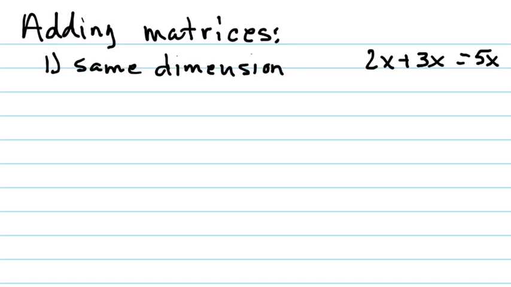Okay? So they have to have the same dimension. And then to combine them, you're simply going to add the corresponding elements. So all the x's will be added to the other x's, etc.